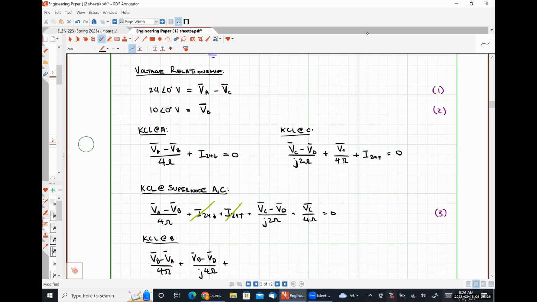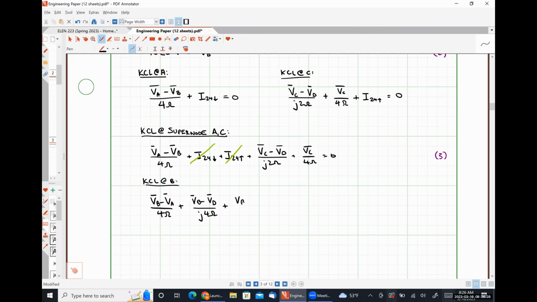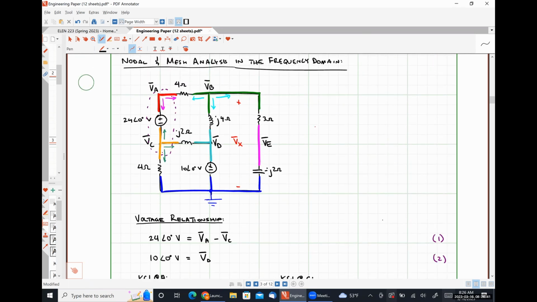Exactly correct. Is equal to 0. Here is our 4th equation. So we need to come up with one more equation.